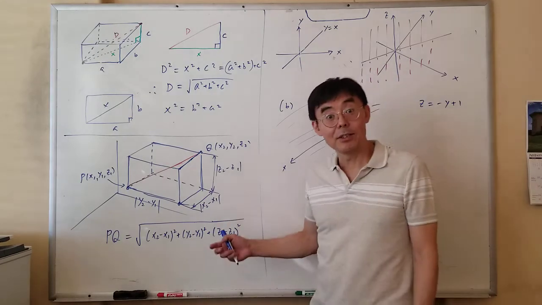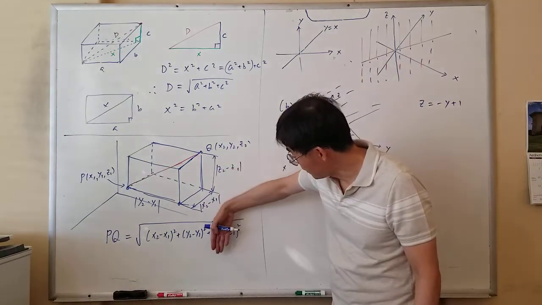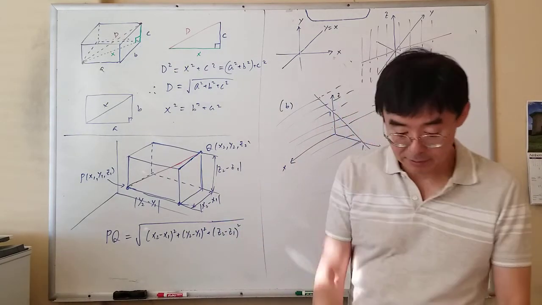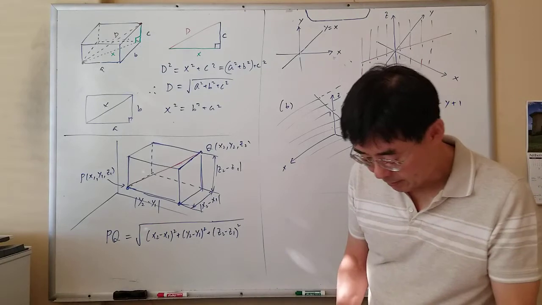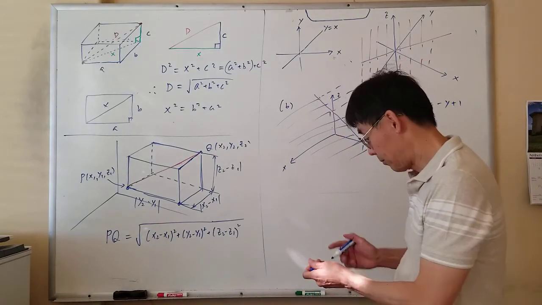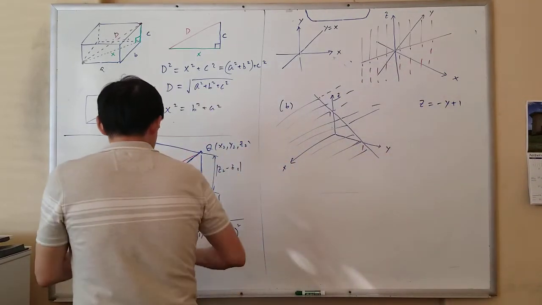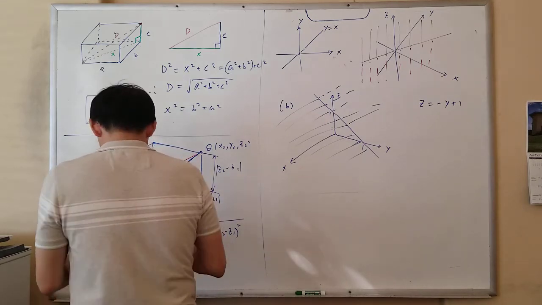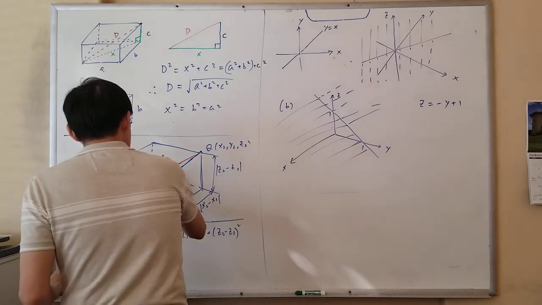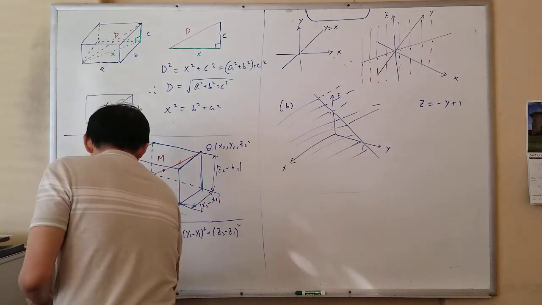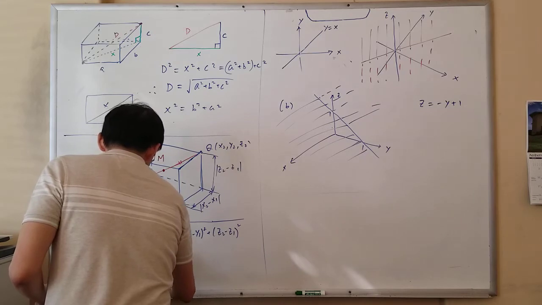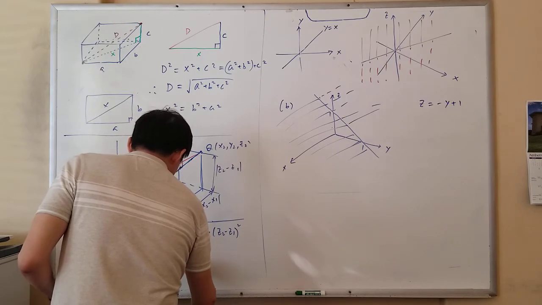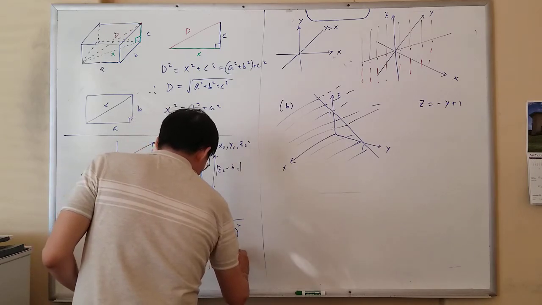So it's just like the distance formula of the two-dimensional case. Stops here, right? You just have one more term from the z coordinates. Okay? Now, using similarity, actually you can easily prove that the midpoint between PQ will be the average of the x coordinates, the average of the y coordinates, the average of the z coordinates.